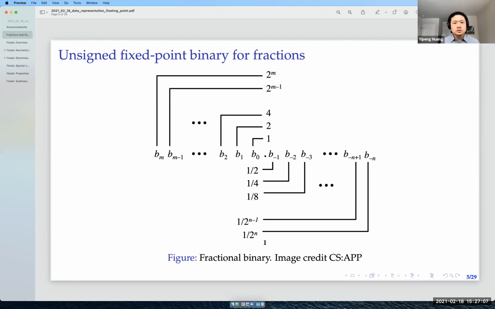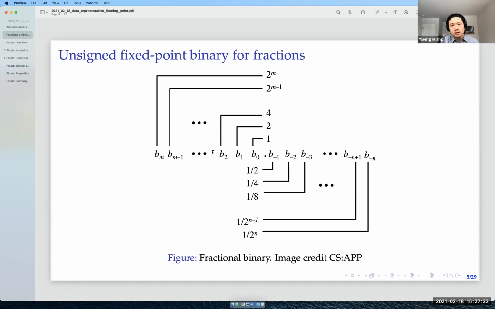We continue to use 2's complement notation for positive and negative numbers. The only difference is we can introduce this idea of a decimal point. In this case, this point is fixed. So in this format, for example, we have m bits to the left of the decimal point and n bits to the right of the decimal point.